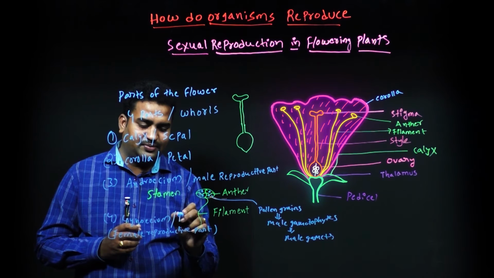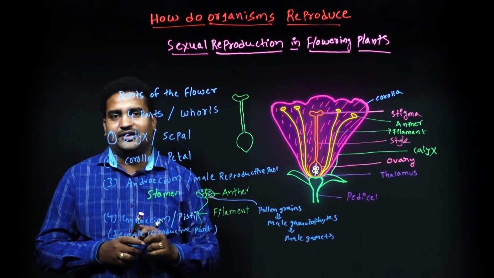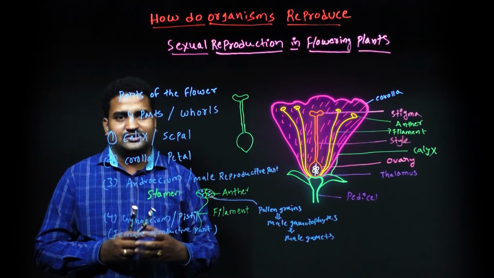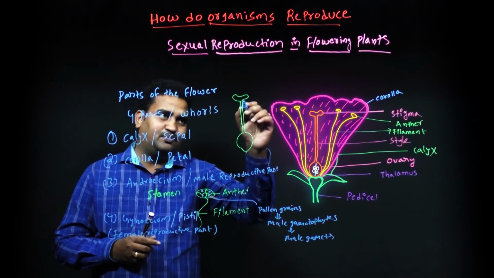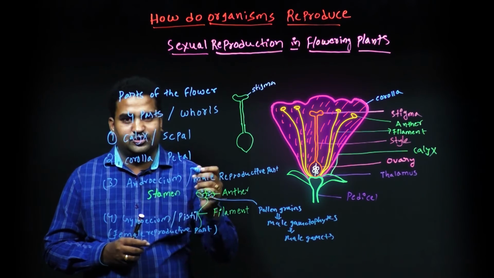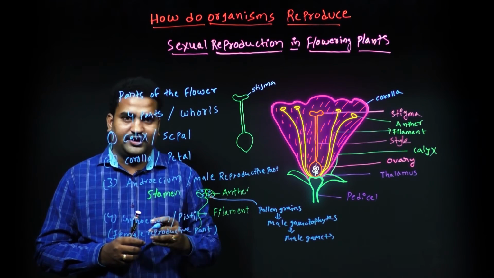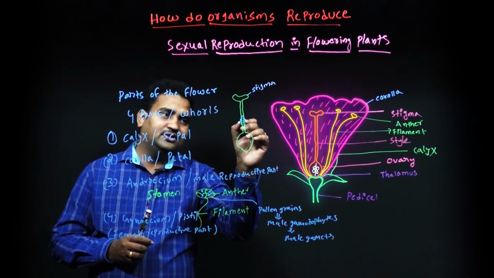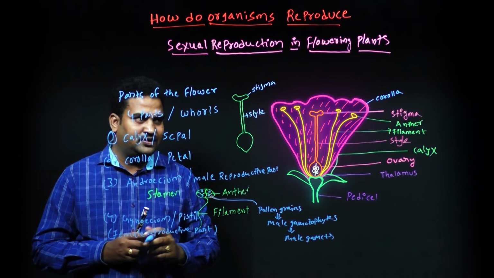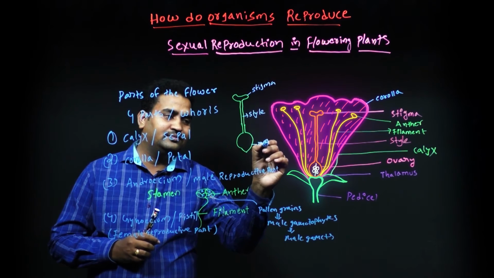Carpel or pistil is the unit of the female reproductive system. This pistil or carpel contains 3 important parts. The upper part is stigma, the middle part is style, and the lower basal part is called ovary.